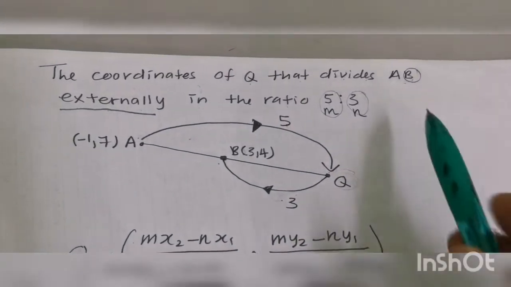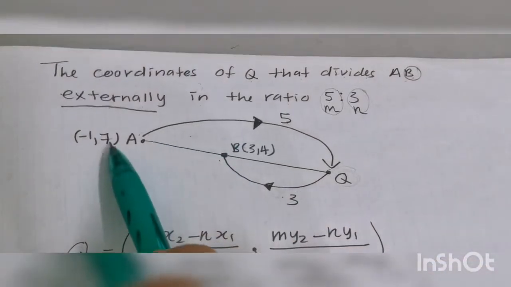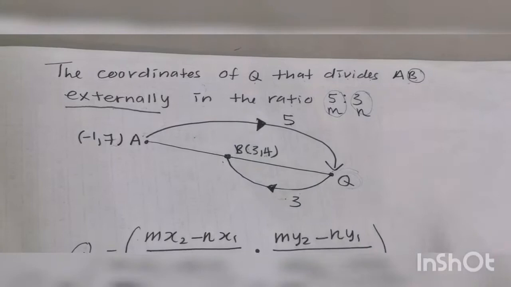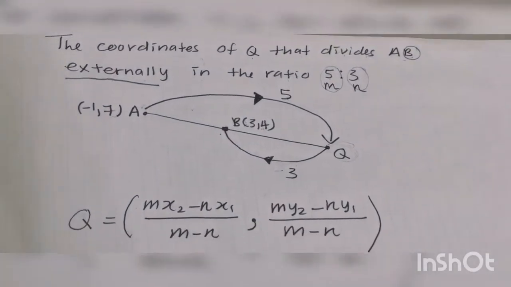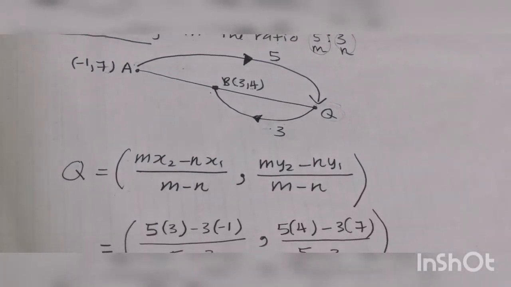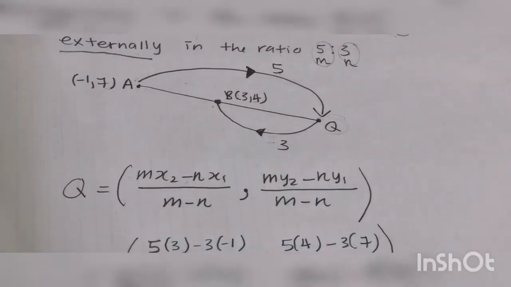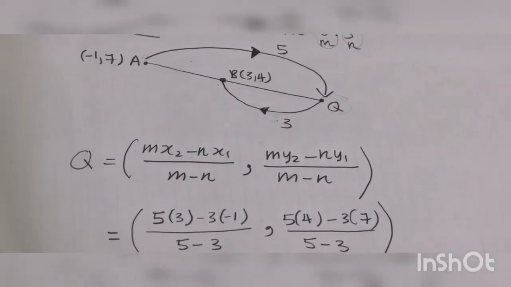Coordinates of A and B are already given. Now the formula for external is like this: it's a minus, not plus. Everything else is the same.